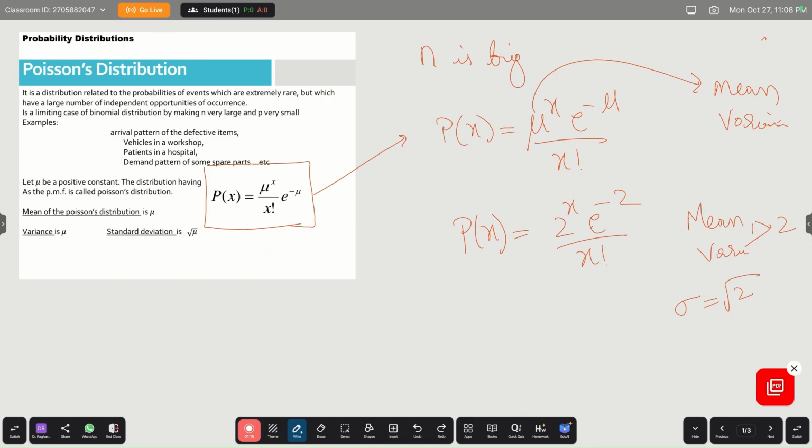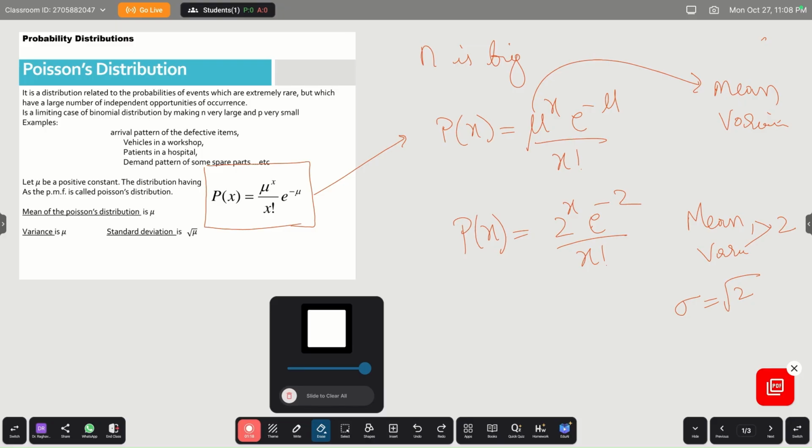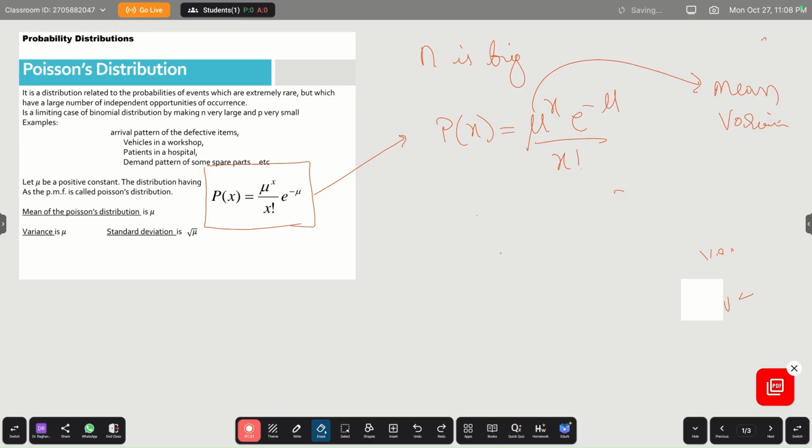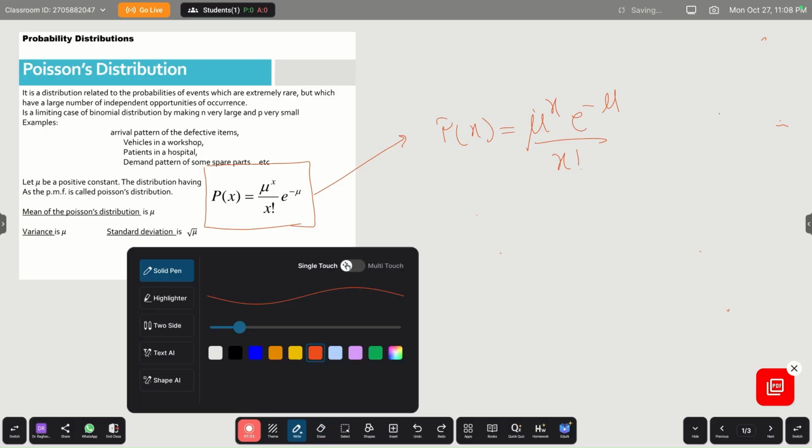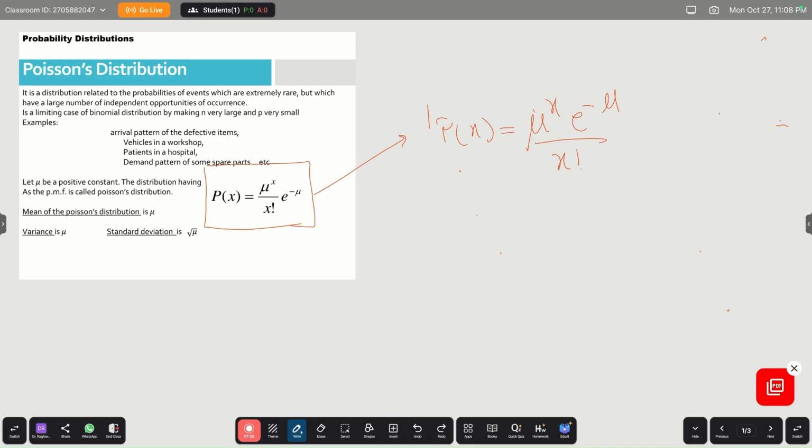And now suppose you know the values of the mean, you can use it directly to calculate the values of the probability, or suppose you know what is n and what is p, as we have discussed in our binomial distribution case, mu will be equal to n into p, and since Poisson distribution is a limiting case of binomial distribution, you can use the same formula to calculate the mean here also. So mean is equal to n into p.